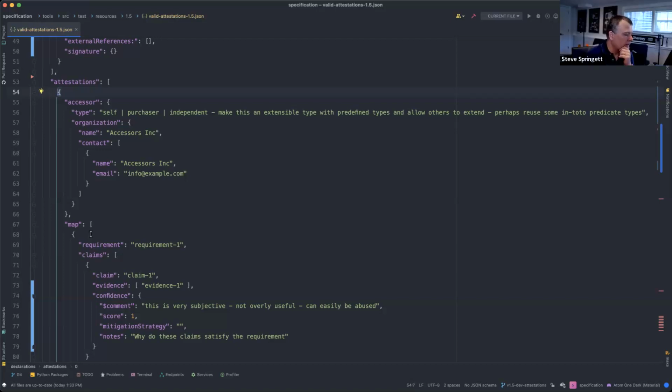I like having the confidence as part of the claim. I think that's kind of how Jeff had it laid out previously, if I remember right. It's been a while. Not sure where we broke it up, but it makes sense for it to be part of the claim. Now, in terms of mitigation strategy, right now it's just a blob of text.